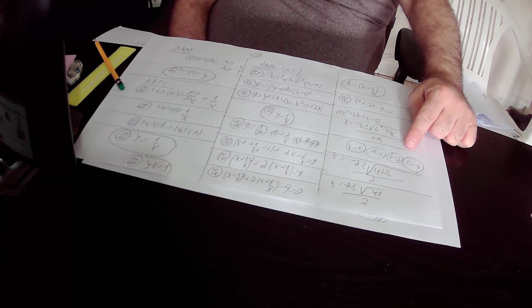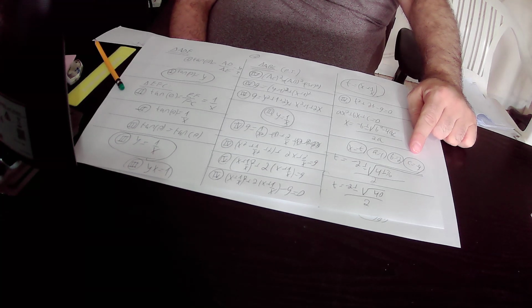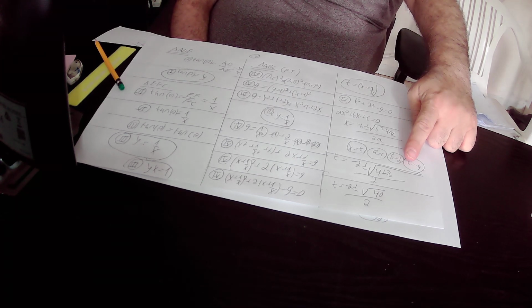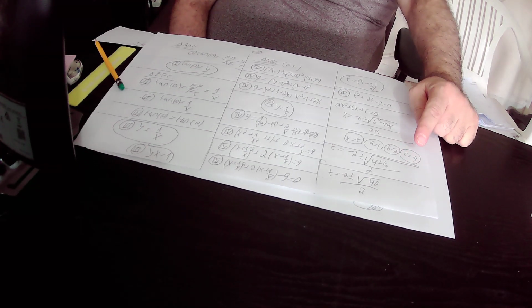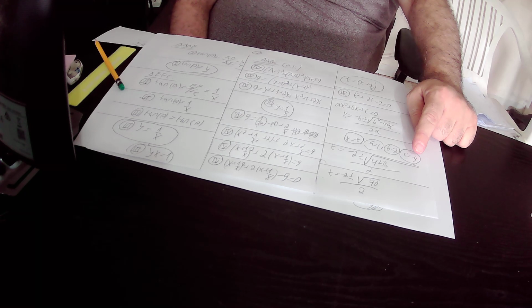B squared is 2 squared, 2 squared is 4, minus 4 times a times c. 4 times a is 1, so 4 times 1 is 4, and minus 4 times minus 9 is plus 36. So inside the root we have 4 plus 36, over 2a. A is 1, so 2a is 2 times 1, which is 2.